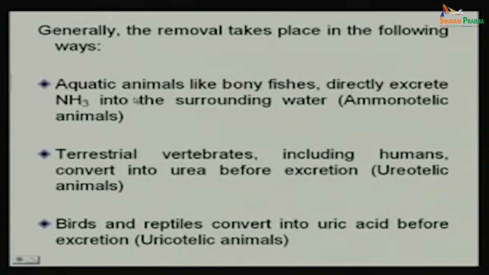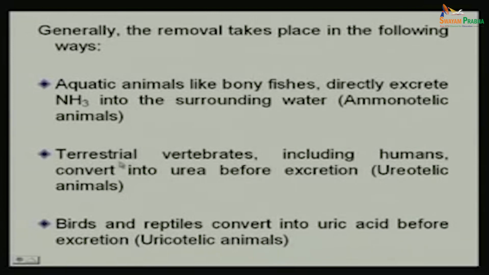In the case of aquatic animals, mainly bony fishes, they directly excrete ammonia into the surrounding water, and this group of animals are called ammonotelic animals. That means they secrete ammonia directly to the surroundings, and it goes out of the body system.